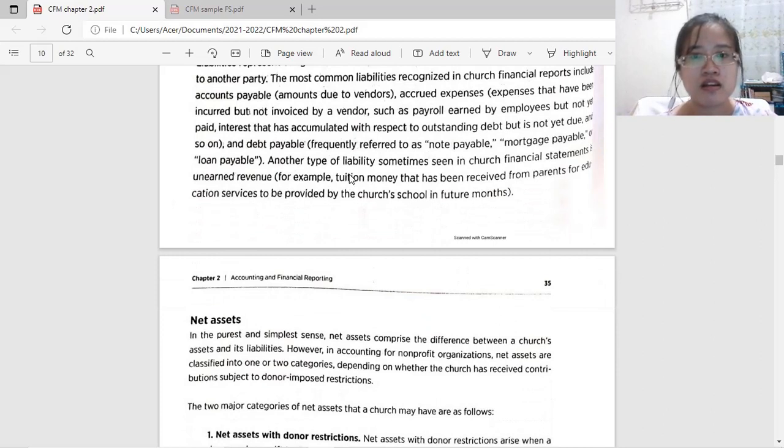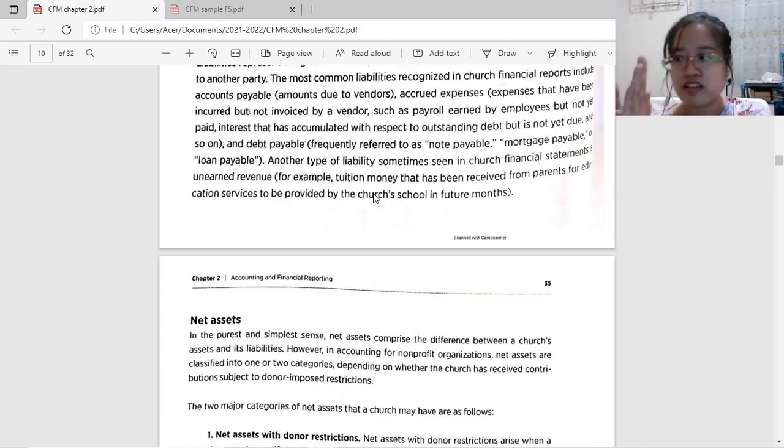Another type of liability, unearned revenue. An example is tuition money. In the case of BBBC, the trimester started February up to May. If a student pays the tuition in full in February, the school would recognize unearned revenue. As the school delivers the education, the lessons, they would slowly recognize the revenue.